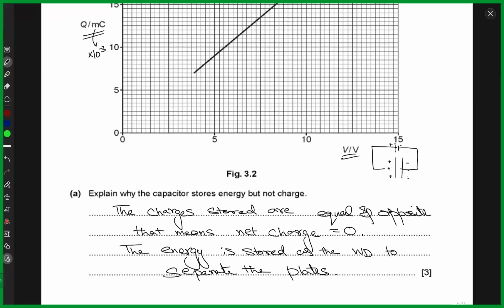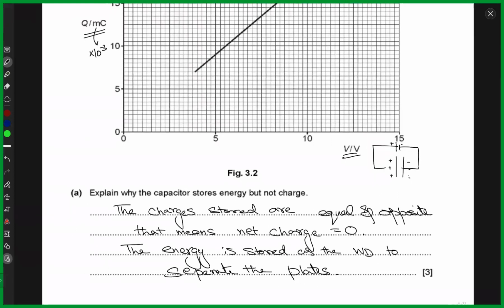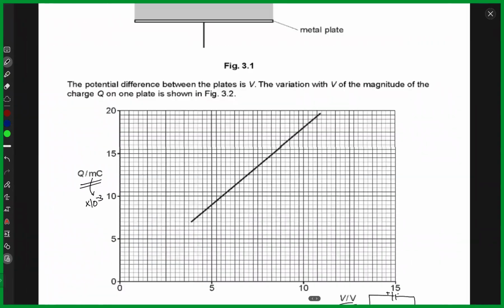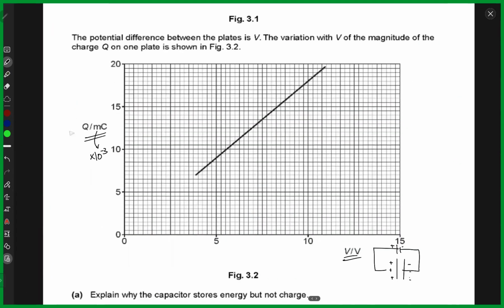Okay, so let's move on to the next part. Using figure 3.2 to determine the capacitance of the capacitor, a very similar problem to the one that we have just finished. If I have this graph, note that on the vertical axis I have my charge, but on the horizontal, I have voltage, right?